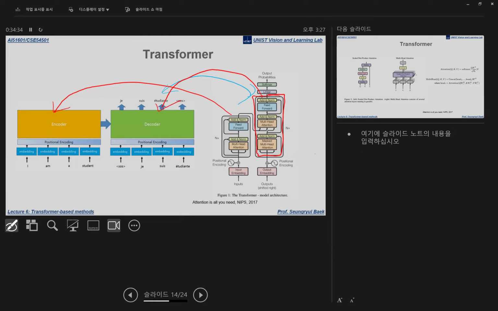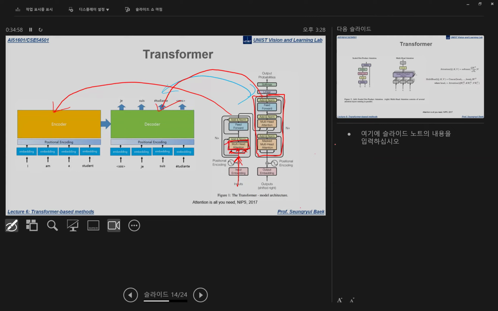They are mapped to three different inputs, meaning the key, query, and values. So from this positional-encoded word embedding, you are mapped to key, query, and values. Those are the three inputs to the attention mechanism here.